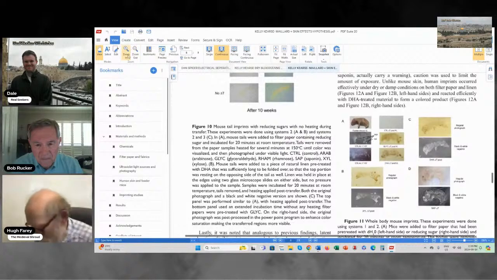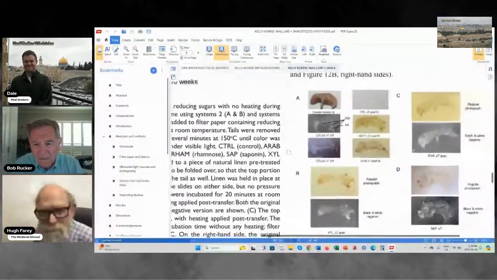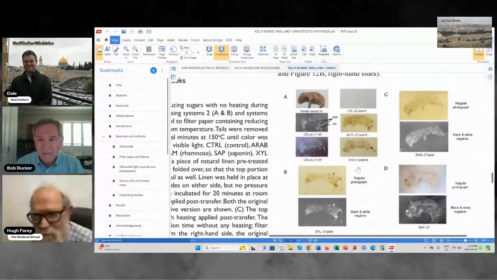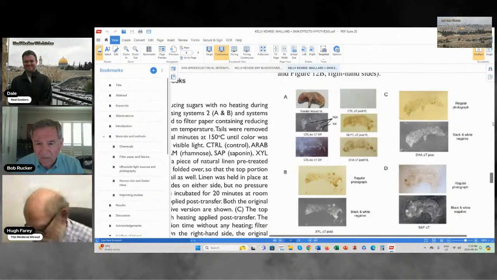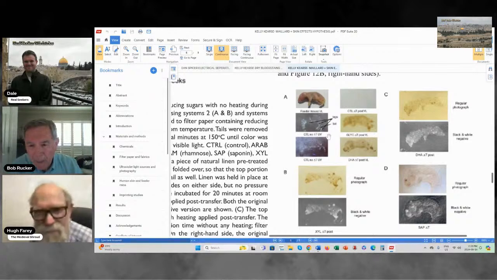Can you see that clearly there, Bob? Can you guys see that? Yes. So here are the experimental results that Kelly Kearse was getting. So it does create images, and it creates negative images.